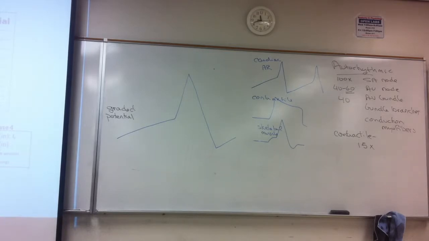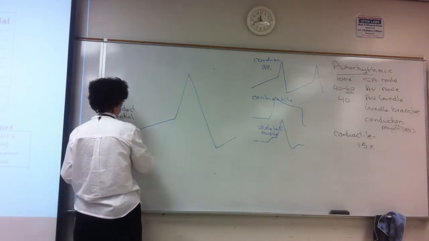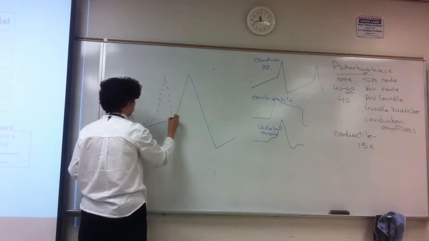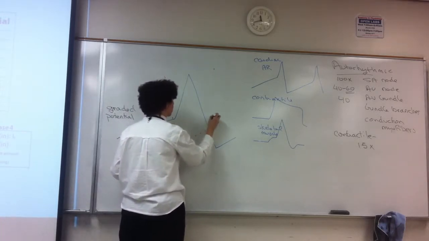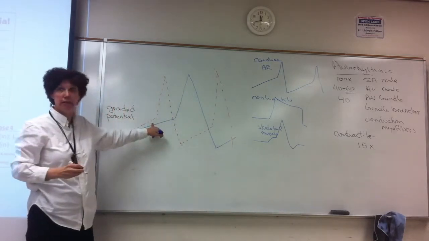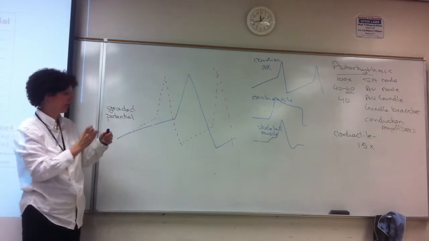All right, so if we're using the sympathetic nervous system, then we have a steeper slope. Positive ions flow into the cell faster, takes less time.